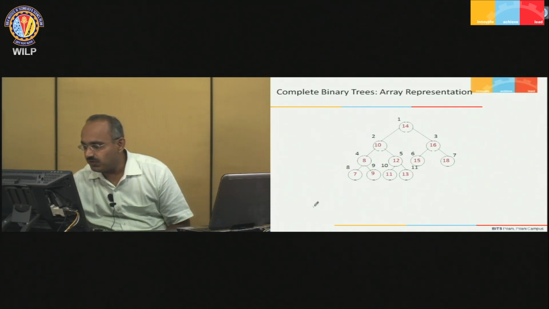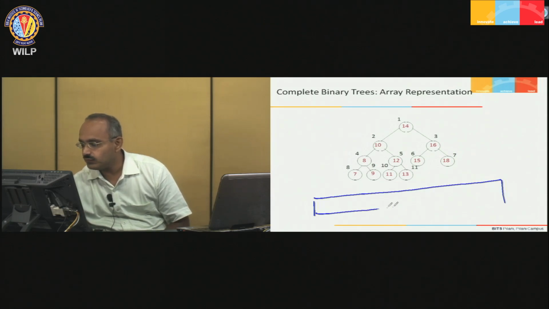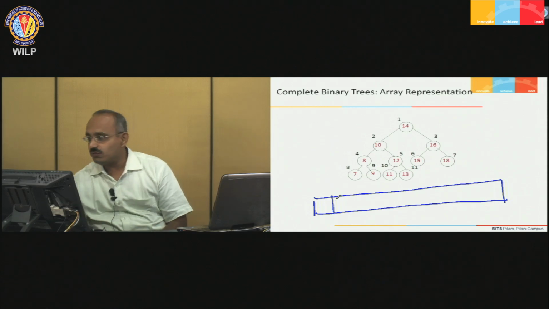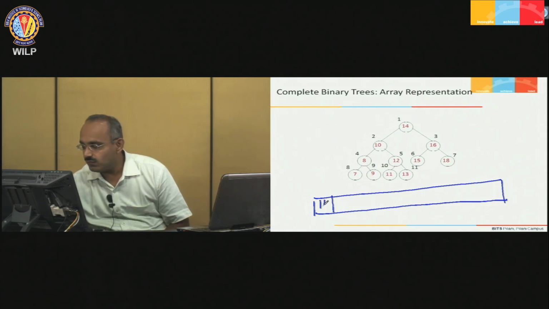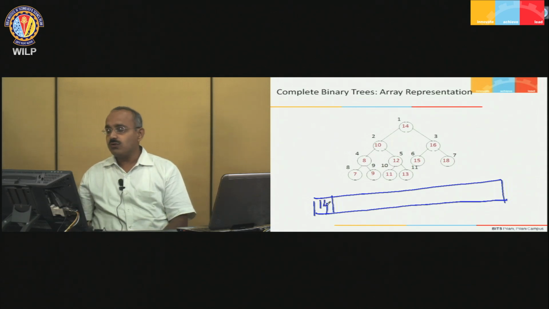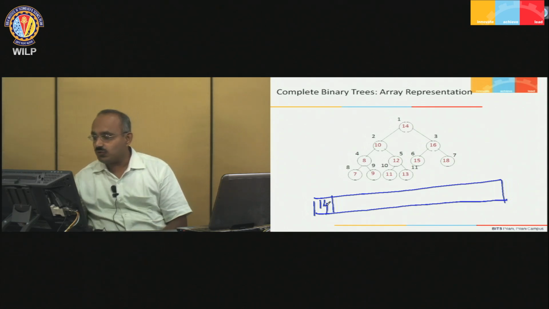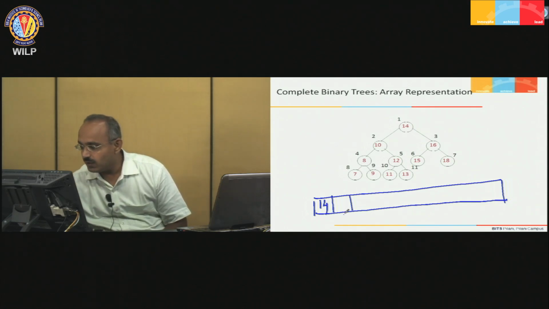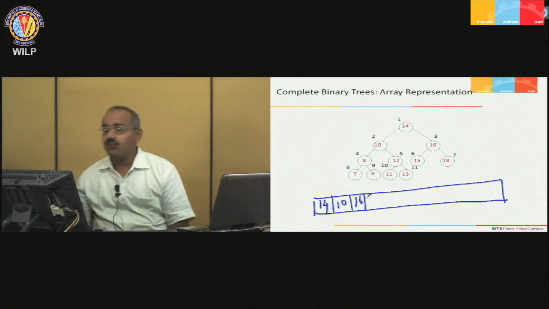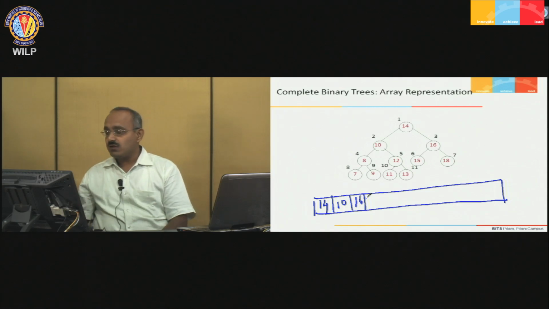Now, we can represent this as an array. So, I have level elements. The root is going to be at A0, which is 14. Now, its left child is going to be at 2i, which is here, and the right child is going to be at 2i plus 1, and I simply carry out this convention.